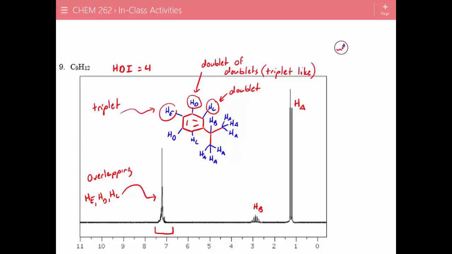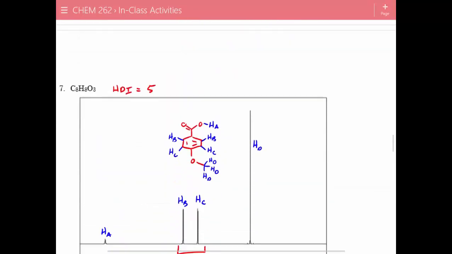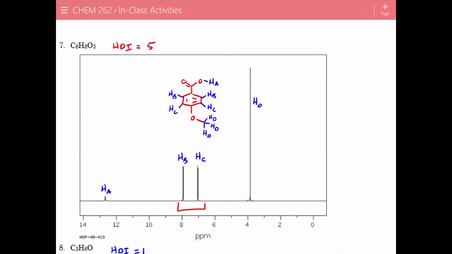So those are all overlapping there. This one I thought was pretty challenging. The key is when you only have one substituent coming off of an aromatic ring, those remaining signals tend to clump together and overlap really well. Whereas if you look at our other example up here, when you've got substituents coming off of other positions, meaning not just one substituent coming off the ring, you tend to get much nicer looking splitting patterns.